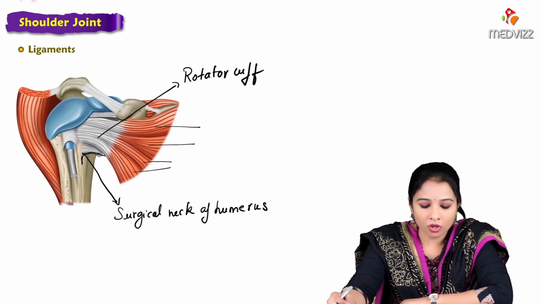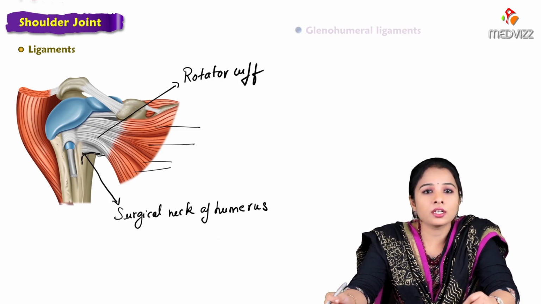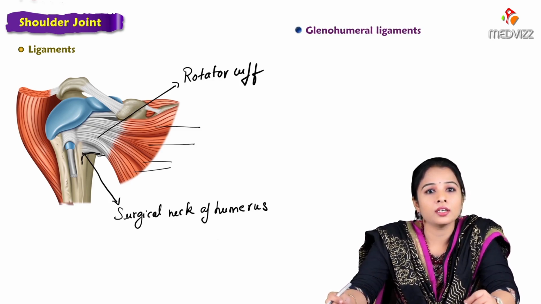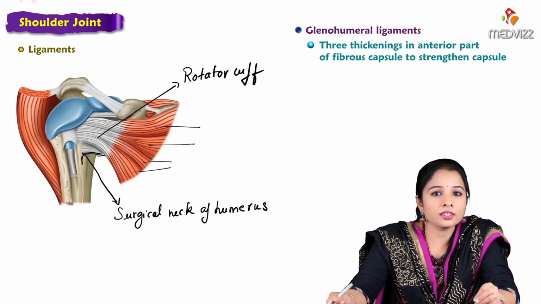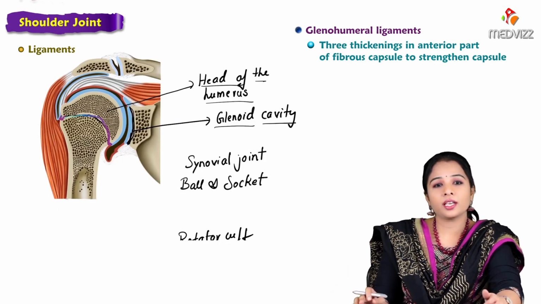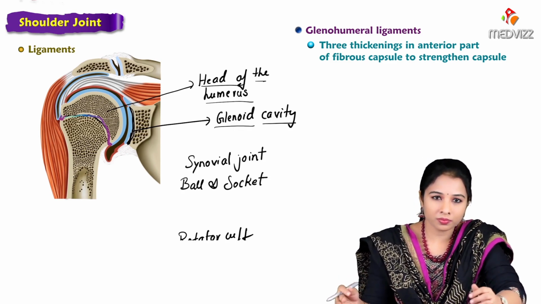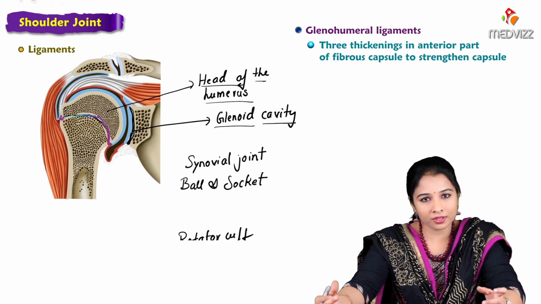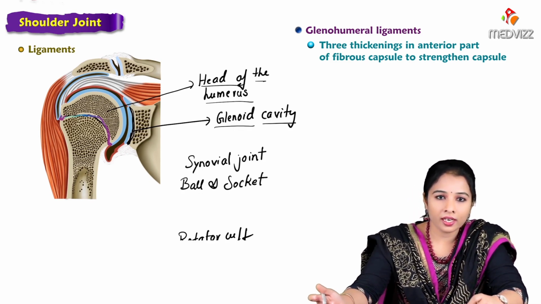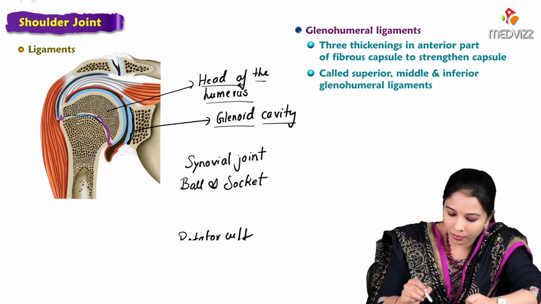Next we shall talk about the ligaments associated with the shoulder joint. First is the glenohumeral ligament. It is three thickenings of the anterior part of the fibrous capsule. Deep to the capsule, these glenohumeral ligaments are present, which are nothing but thickenings of the fibrous capsule itself, and they are divided into three: superior, middle and inferior glenohumeral ligaments.